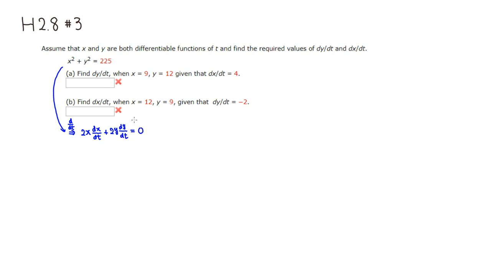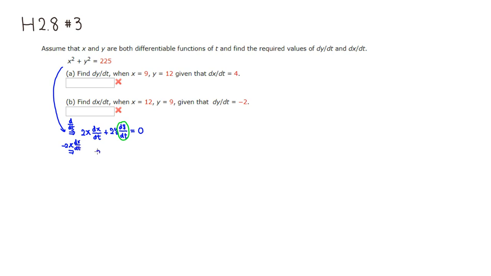Alright, then all we have to do is plug in what's given and then solve for dy over dt. So let's do that. Since we're looking for dy over dt, this is the guy we want. First I'm going to move this guy over to the other side by subtracting 2x dx over dt.